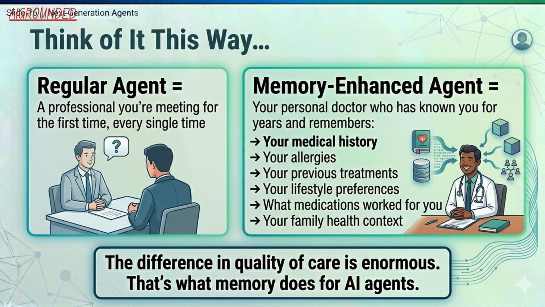They remember your medical history, your allergies, your previous treatments, what medications worked and which caused problems, your lifestyle, your family health context. The quality of care you receive from a doctor who knows your complete history versus one meeting you for the first time is dramatically different. That's exactly the difference memory makes for AI agents.